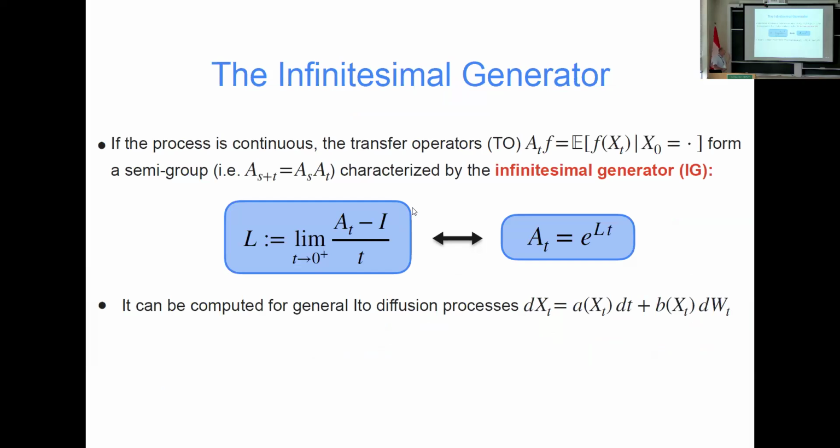So we have some standard results for continuous systems, for stochastic diffusion processes. So here what we are interested in, it is more practical to learn the infinitesimal generator of the process, which is defined here as the limit of the transfer operators.